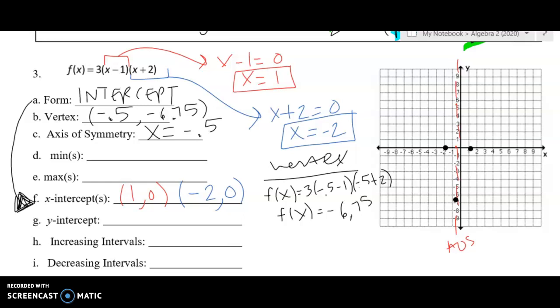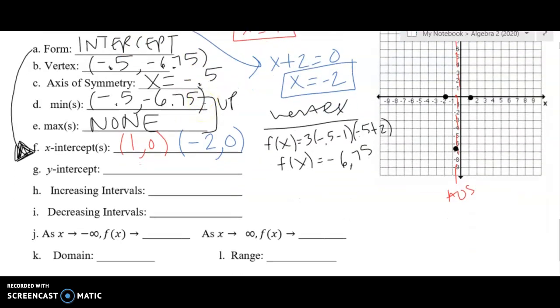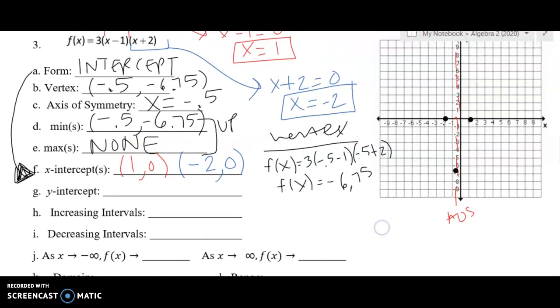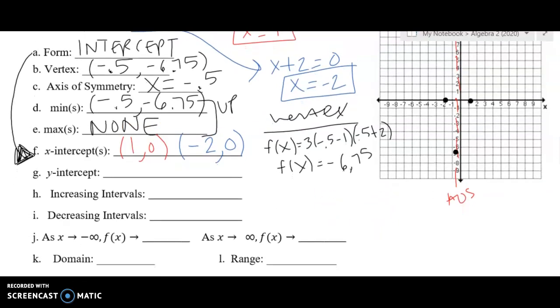Okay, min and max. If you think about this graph, it is a positive, so it opens up. If it opens up, there is no maximum. The minimum happens to be the same as the vertex. So I'm going to go ahead and write that in. I'm also going to need to find my y-intercept, so I'm going to do that at the bottom here where I have some space.